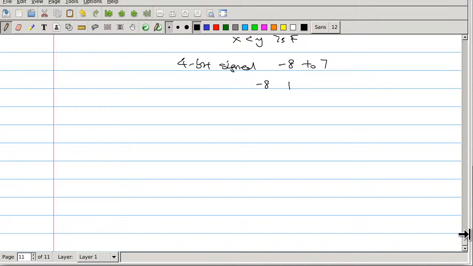So -8, let's first find out what the 4-bit binary representation of -8 is. So we have x0 times 1 plus x1 times 2 plus x2 times 4, and then subtract from that x3 times 8. And I want this to be exactly -8. Can someone quickly point out the values of x0 to x3?